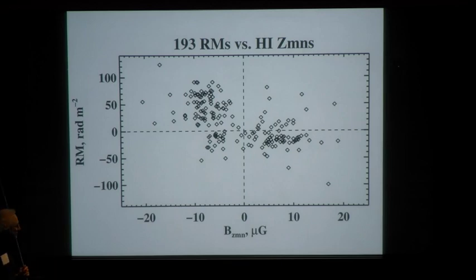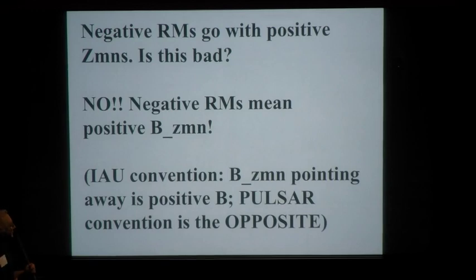Well, the fact is, it's not a negative relationship between the two fields. It's a negative relationship because the pulsar astronomers don't use the IAU definition of field direction. And I like to emphasize that because it's not well appreciated. The fact is that anti-correlation is really a correlation.